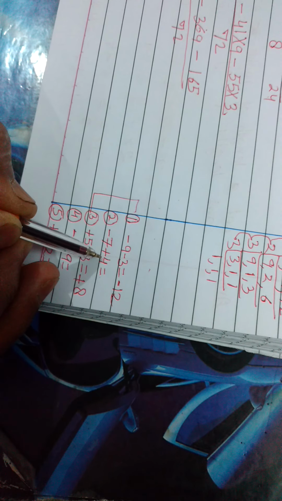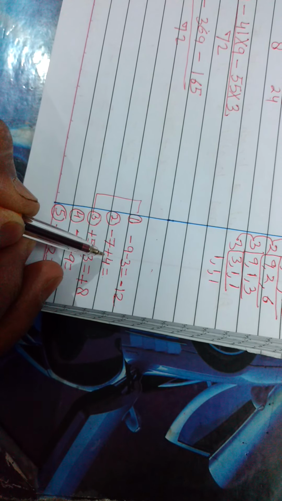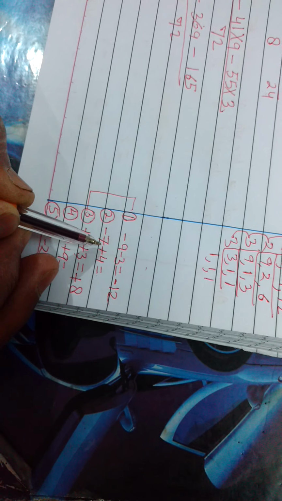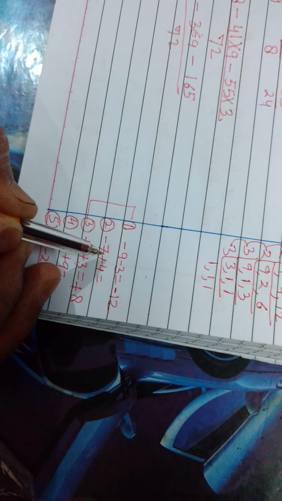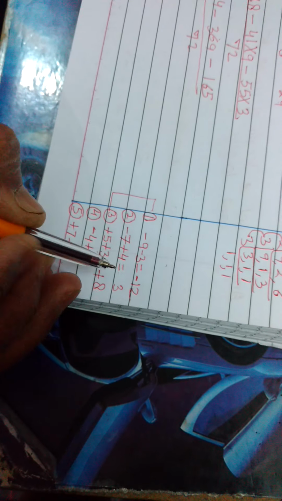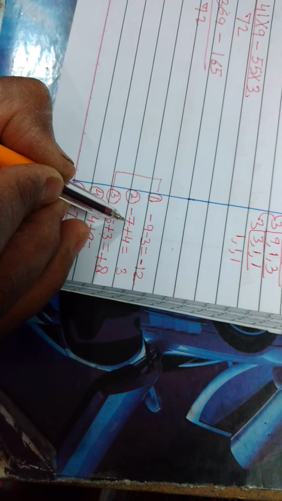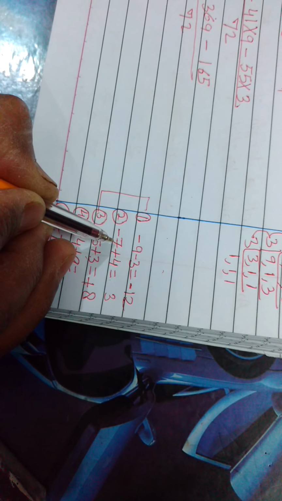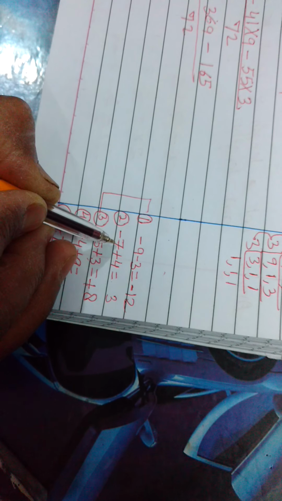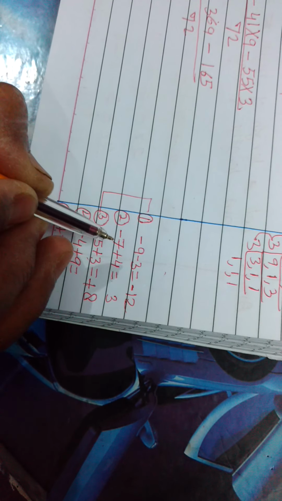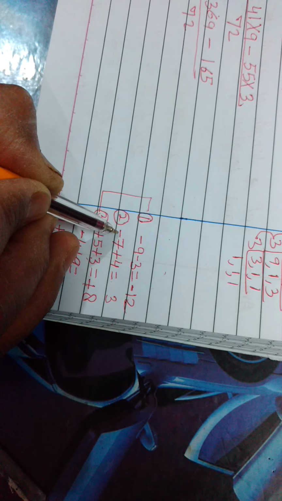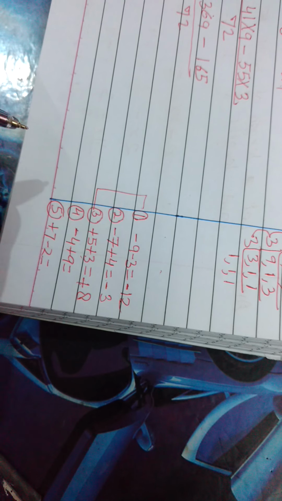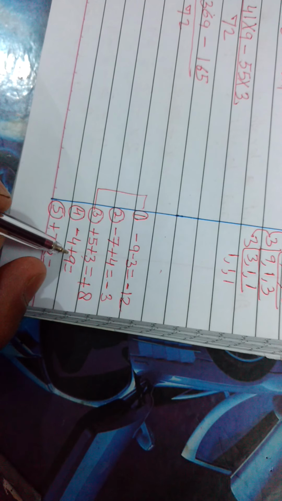Then in this, this is minus 7 plus 4. They have different signs. So when they have different signs, we subtract: 7 minus 4, 3. And what sign will we put? The bigger number's sign. And how do we see the sign? Left side of the number. The bigger number is 7, and the sign of the 7 is minus, on the left side of the number we see. So we put the bigger number's sign, that is minus. Same way here, again different signs.